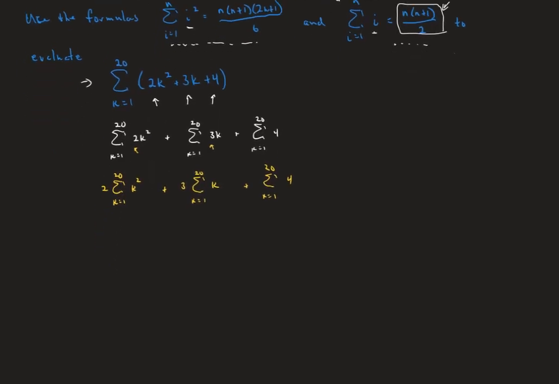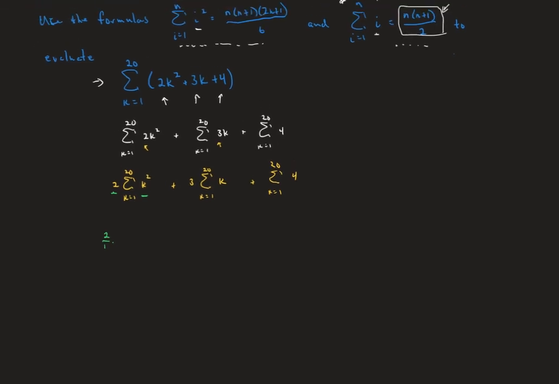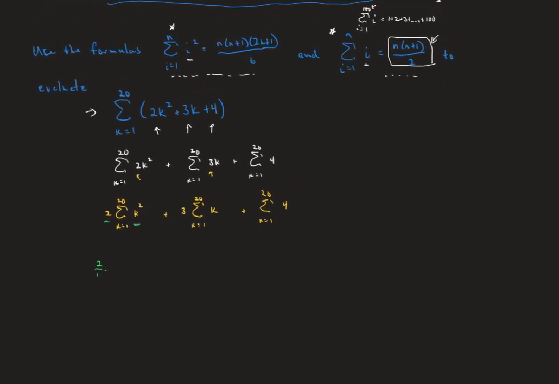Now we're ready for our formulas. So now we can have this 2 that we factored out, that is still going to be factored out. We can use now our sum of the I squares. So let me bring it back down a little bit. So remember, here's our formula. Now we're going to plug, our n is 20.